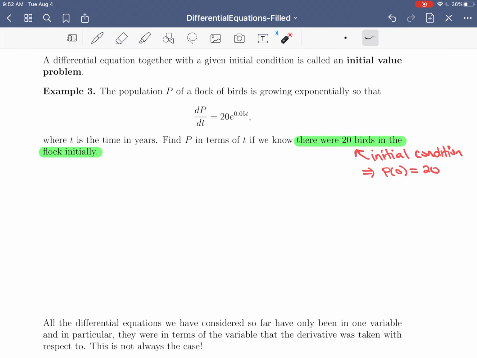Now again, notice that we have a derivative with respect to t, and this side is only t's. So this is the form that we just had. That means we know that P of t is equal to the indefinite integral of our rate with respect to t. So we just want to take the antiderivative, so I can pull out the 20.